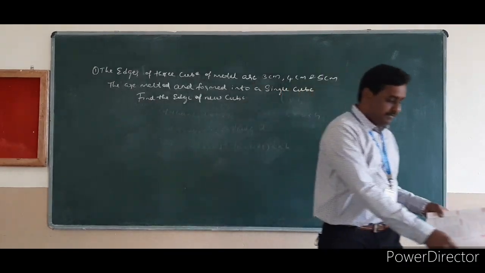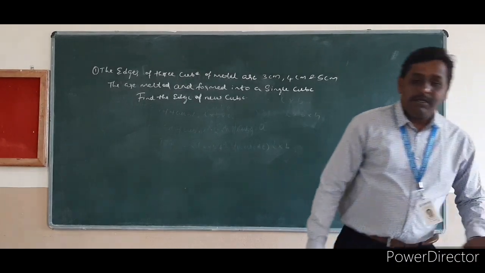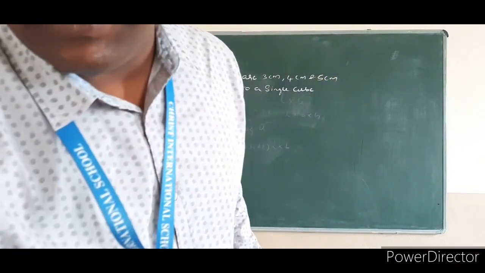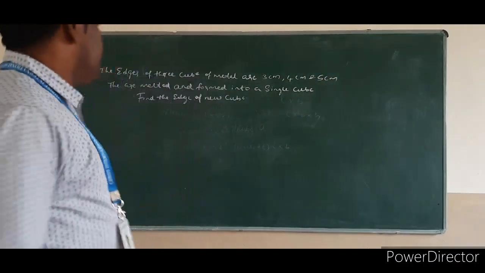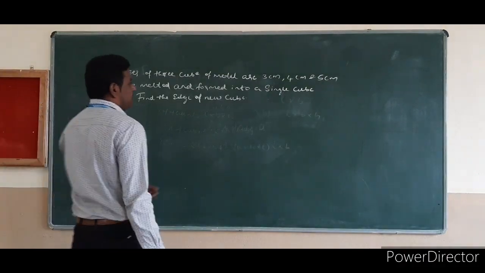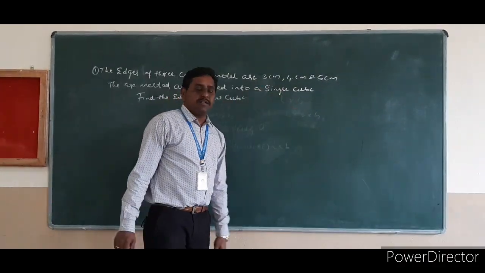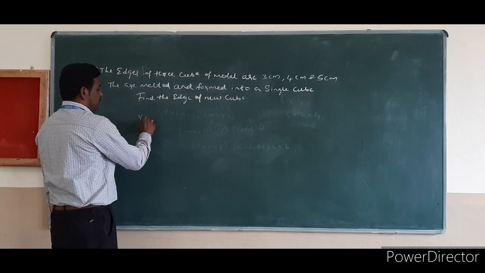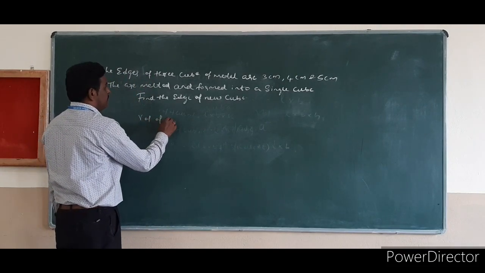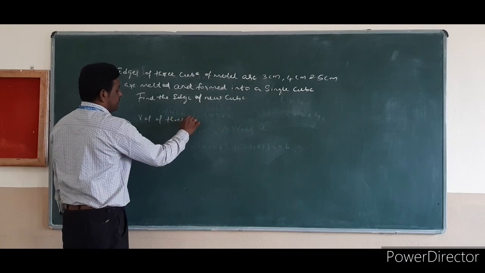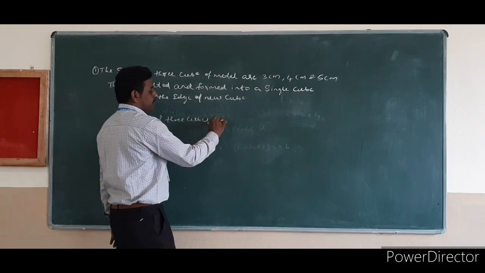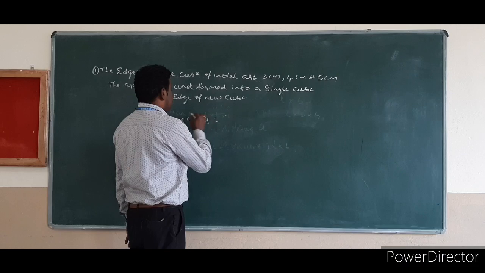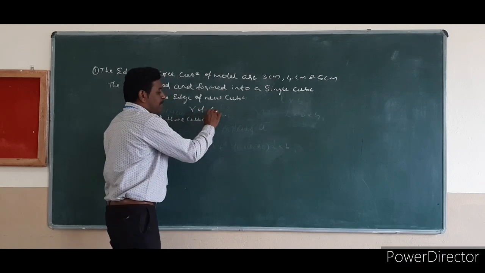So here they are given three cube sides. First of all, we find the volume of the 3 cubes. What is the volume formula of a cube?